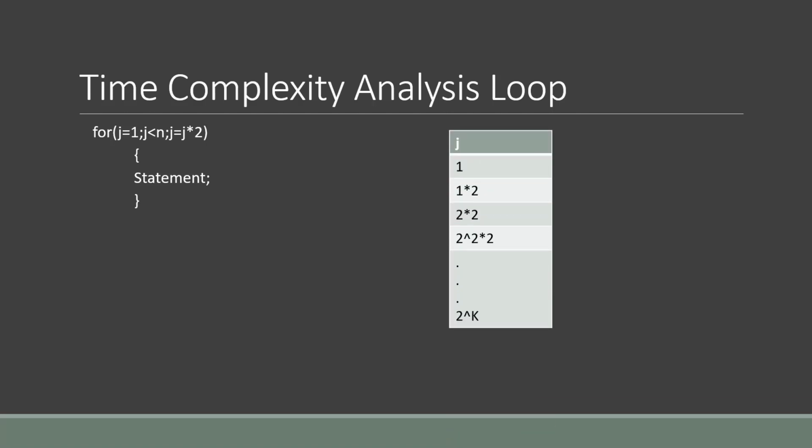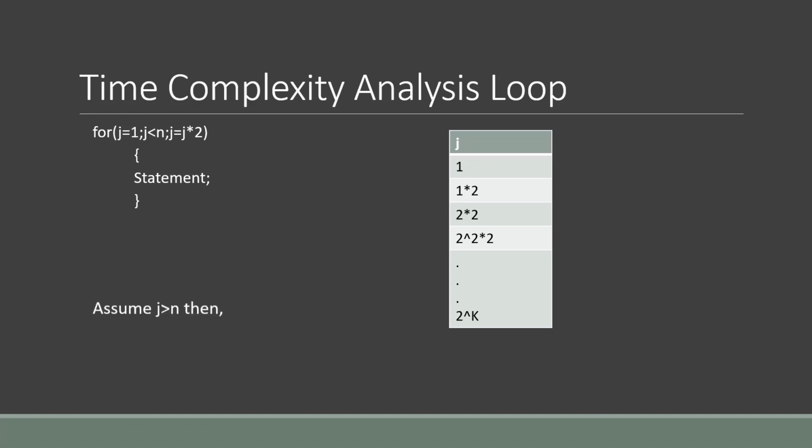In this case, the value of j will initially be 1, then it will go to 2, then 4, then 8, and so on up to the power k. We can express it in terms of the first value as 2 to the power 0, the second value as 2 to the power 1, the third as 2 to the power 2, the fourth as 2 to the power 3, and then 2 to the power k.